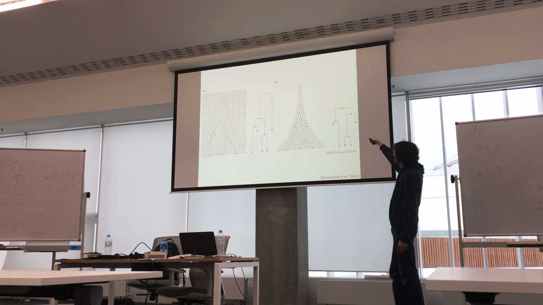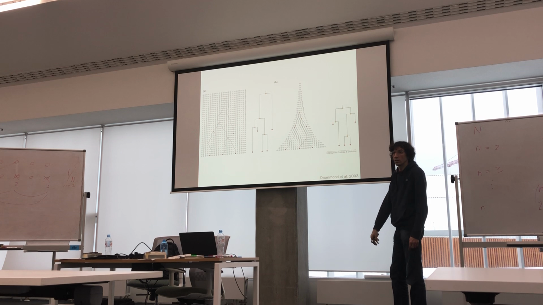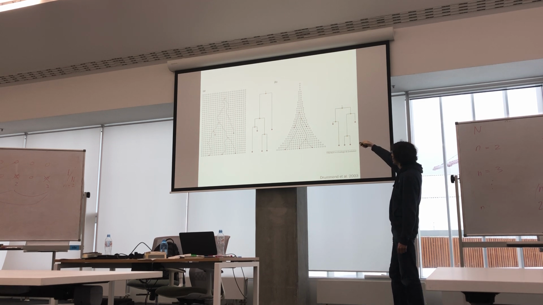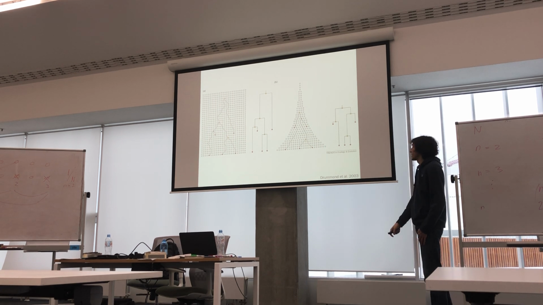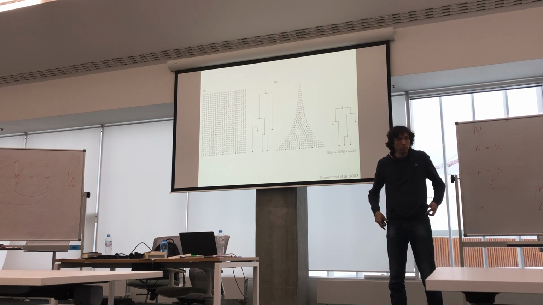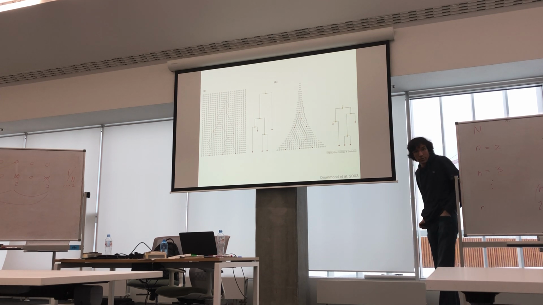And here, it is unexpectedly rapid compared to these guys. The fact that coalescence is rapid means that the population size is small. So it has to imply that the population size has been larger in recent times and smaller in more ancestral populations. So it has to imply that the population size has changed.